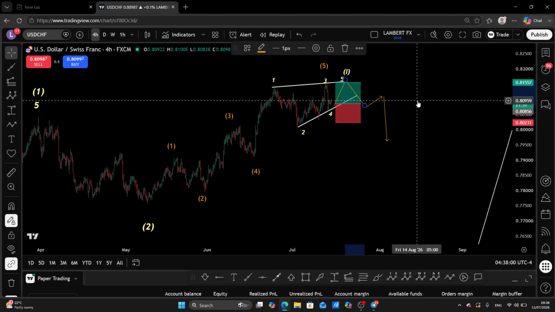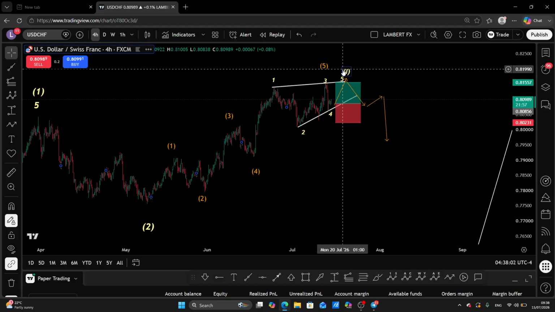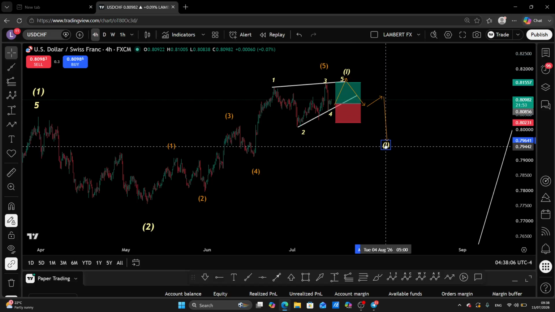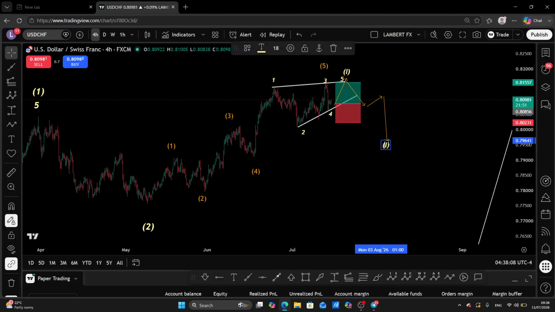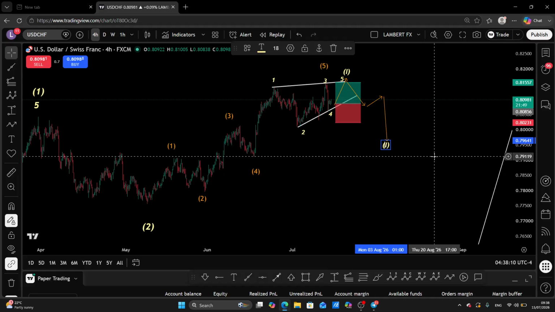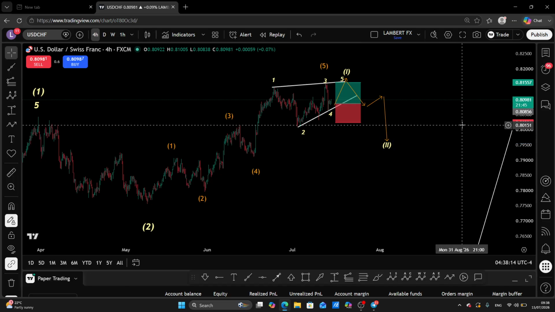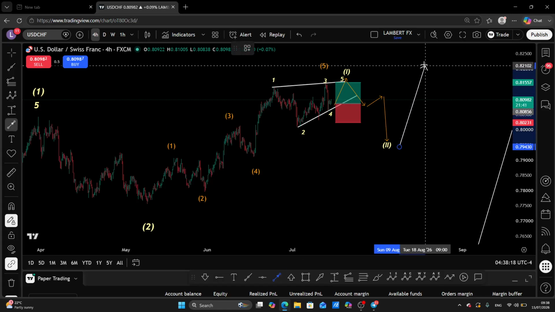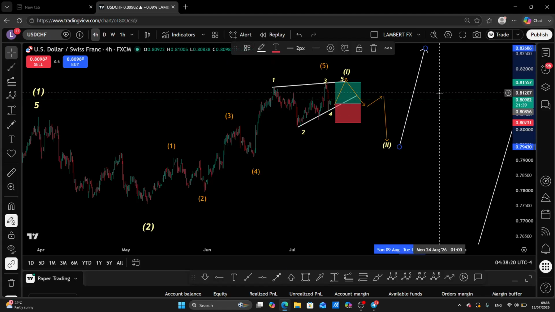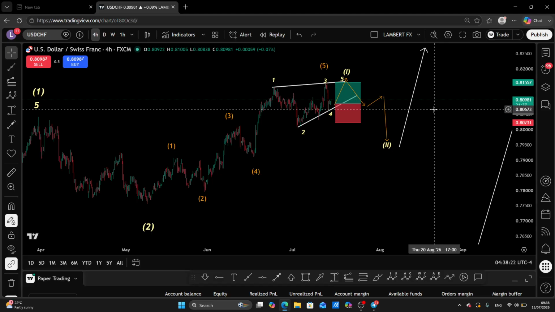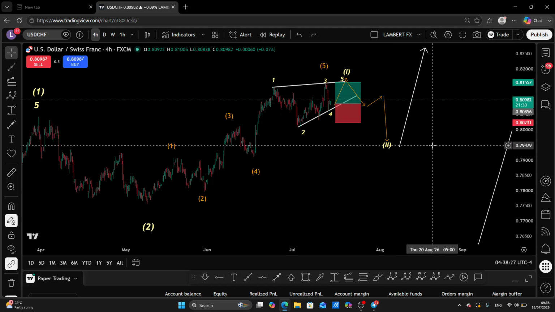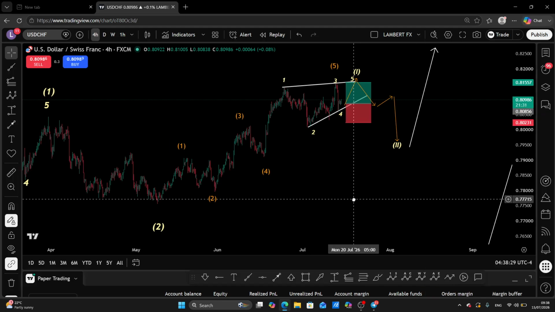So we need to see an ABC leg down here for a 2 before we push up again for 3. For 3.